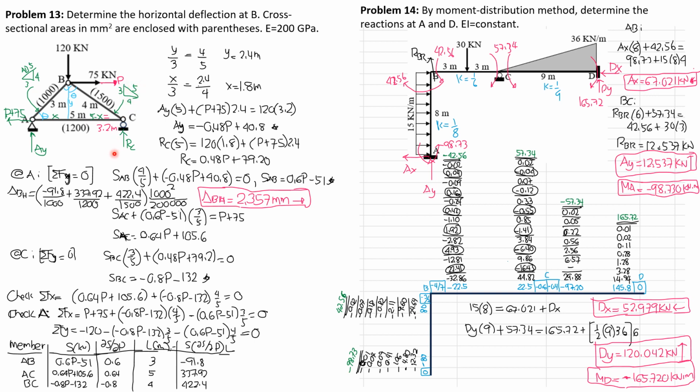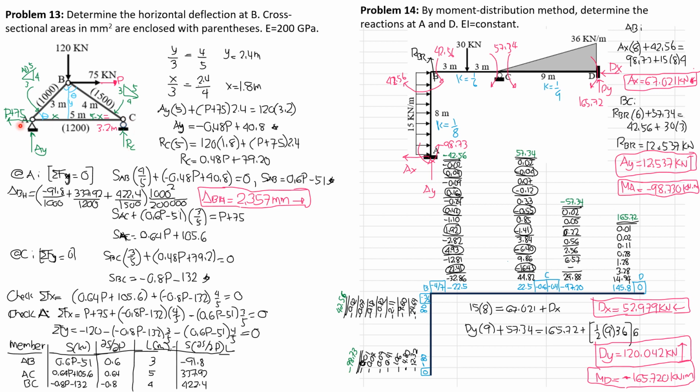So we sum up moments about A to solve for, we sum up moment about C to solve for AY. So AY times 5 meters plus P times 75 times y, which is 2.4, equals 120 times 3.2. Simplifying, AY is negative 0.48P plus 40.8. Likewise, summation moment about A equals 0.